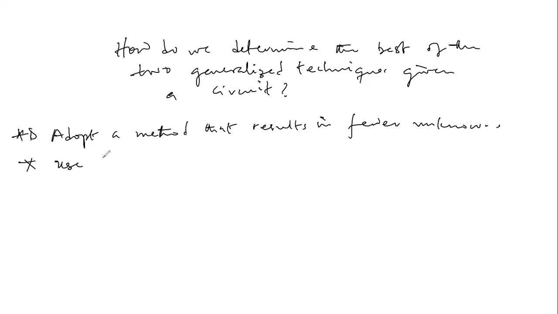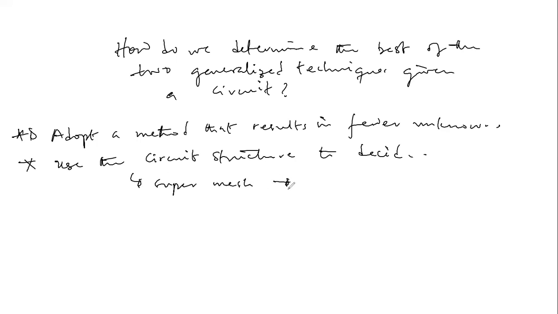So if we have a super mesh, for instance, then the mesh technique serves the purpose. And if we have a super node in the circuit, then the nodal technique does the job.